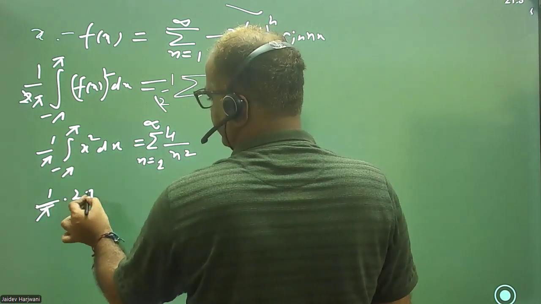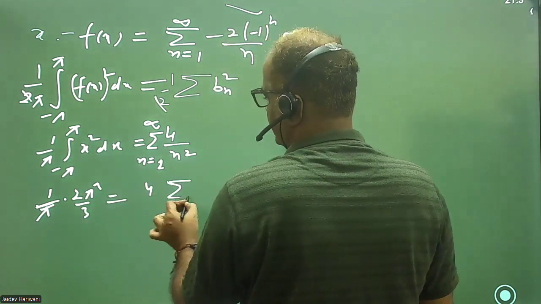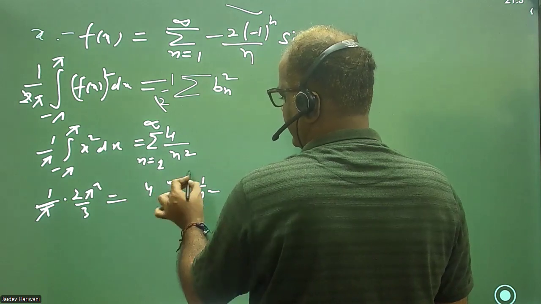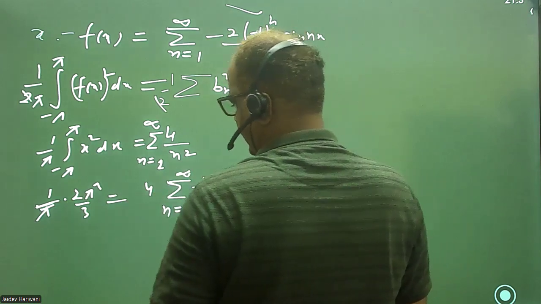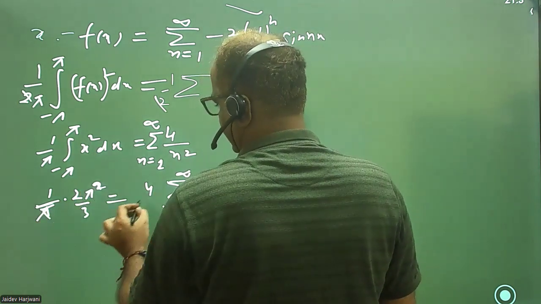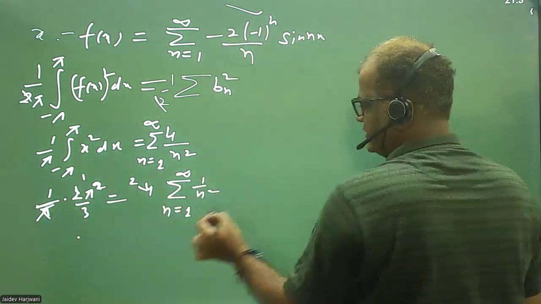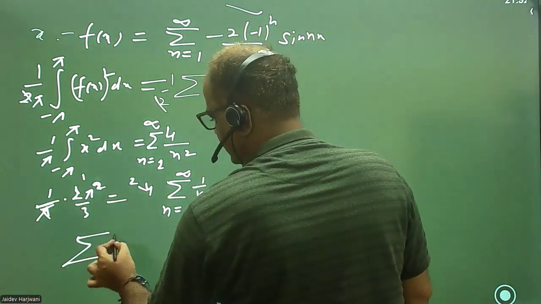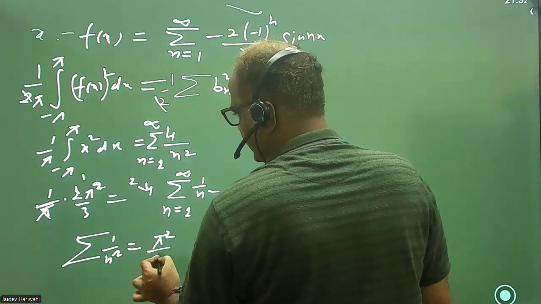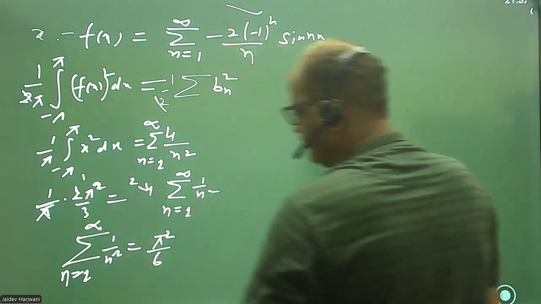This gives me 2 pi cube by 3, and then you have 4 times the summation of 1 upon n square, n equals 1 to infinity. And this gives me pi square by 6. So the summation of 1 upon n square is pi square by 6, n equals 1 to infinity.